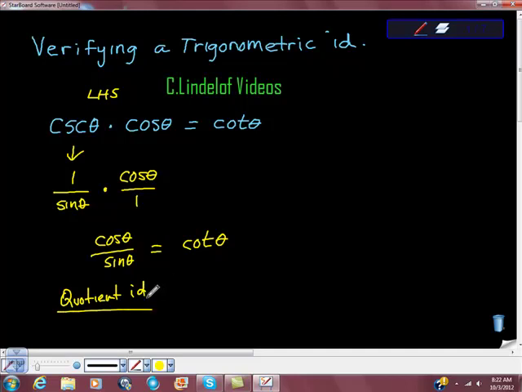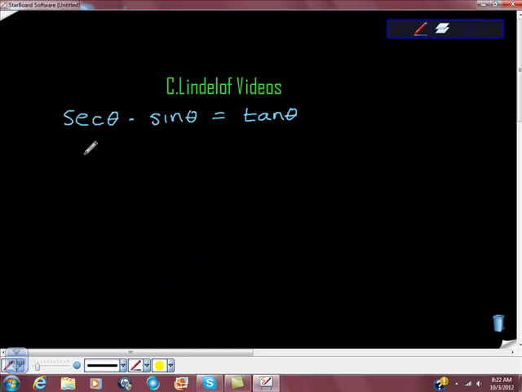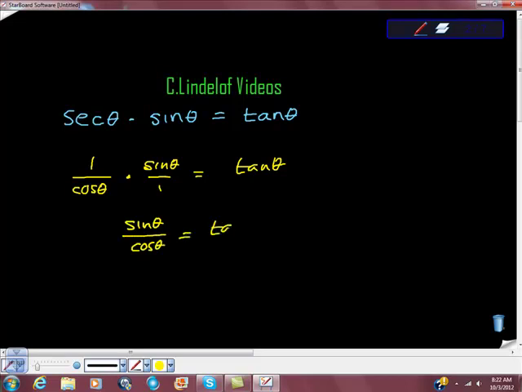Is that okay? Then the next one was secant theta times sine theta is equal to tan theta. Same thing. Secant theta is 1 over cosine theta, times sine theta over 1, and we get sine theta over cosine theta, which is tan theta.